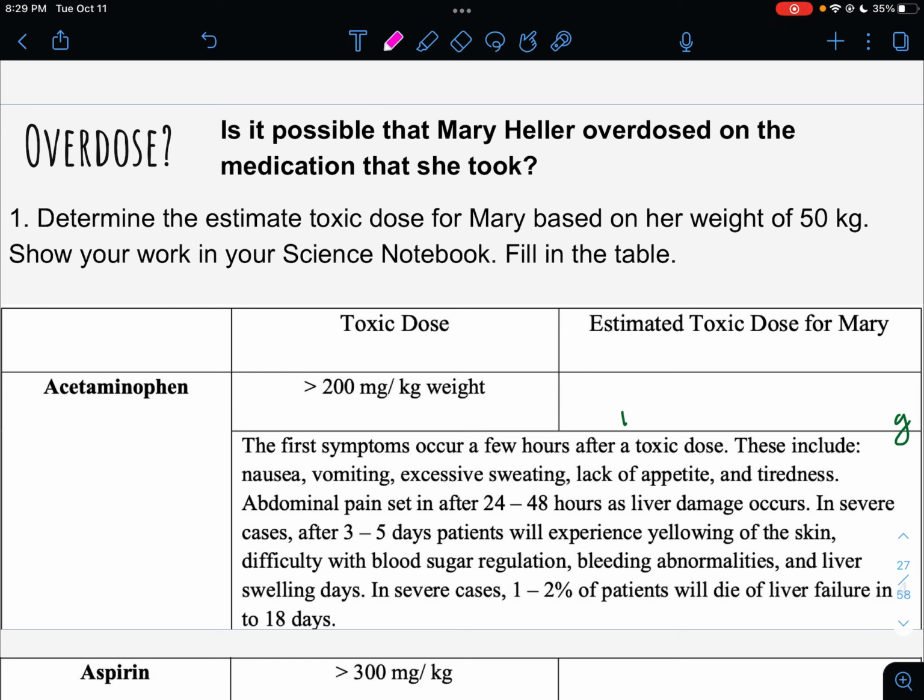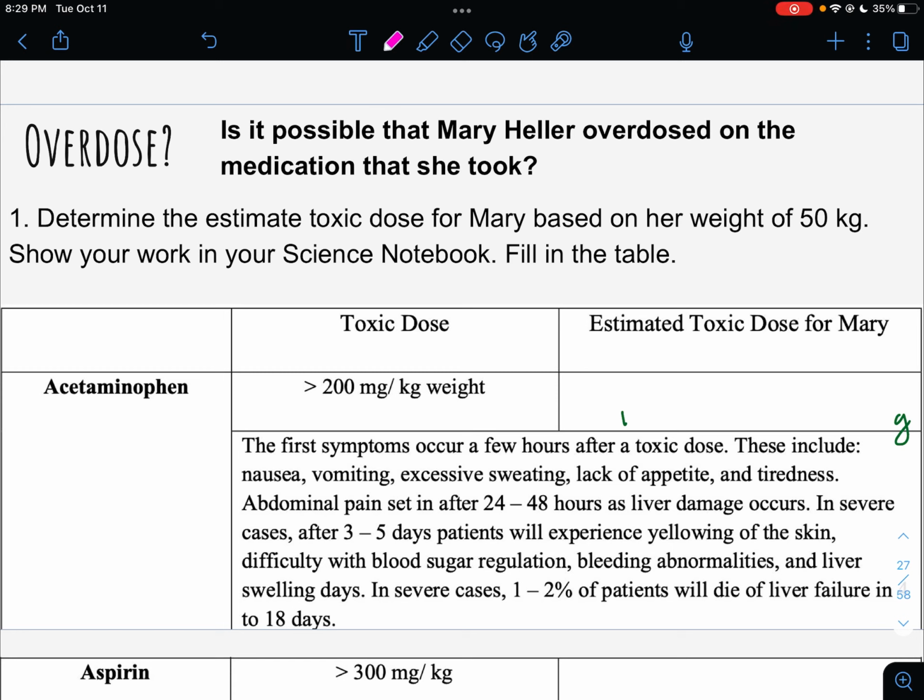So now I can plug that into my calculation. Let me change my color so you can see. Right now we're at moles, and we're trying to convert to mass. So I'm going to put 1 mole on the bottom because we have 1 mole on the top, so I want it to cancel out.